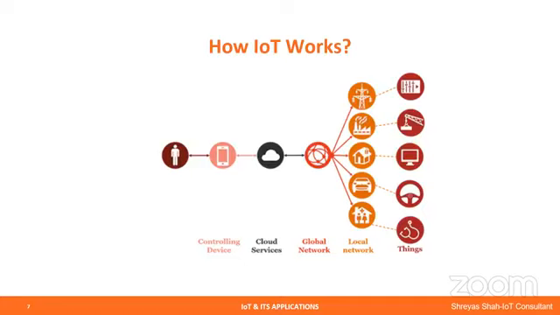Then it comes to global network and local network. Network is required for any device, because we need to get connected to the things. As this figure resembles, I will change color.